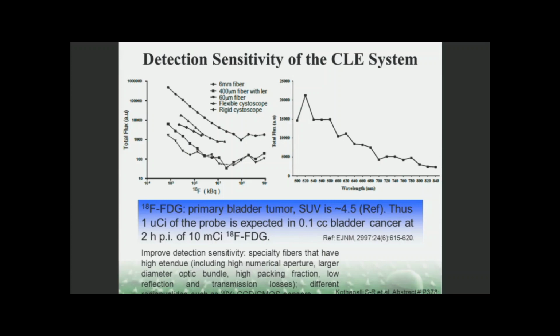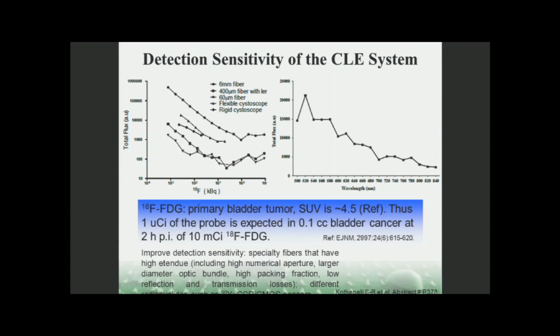In the reference, it reported the SUV for FDG in bladder cancer is around 4.5. So if you inject 10 millicurie F18 FDG, around 1 microcurie per probe is expected in bladder cancer at 2 hours post-injection.